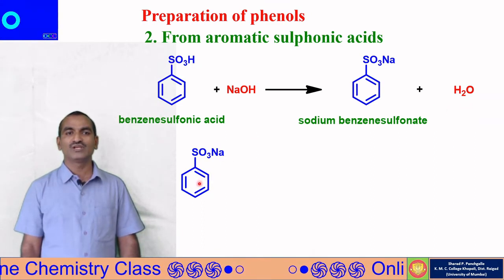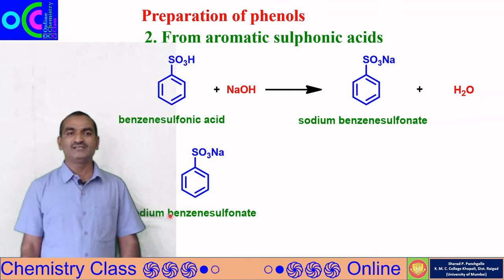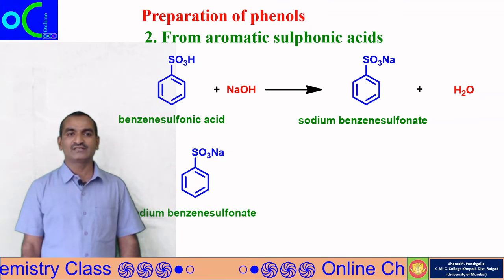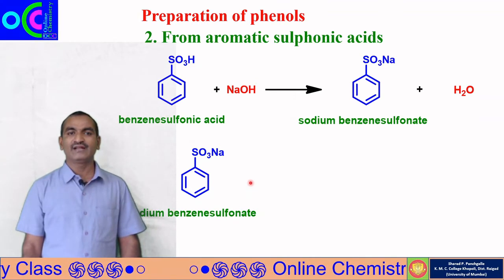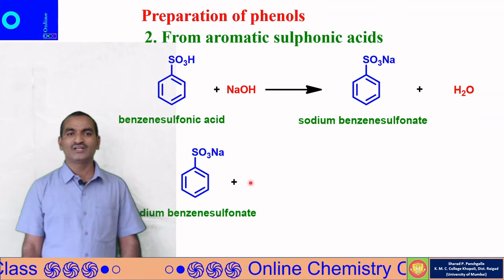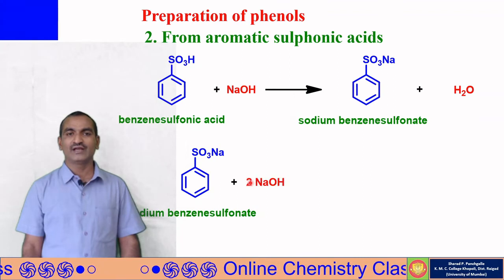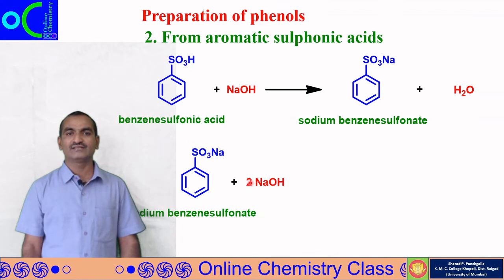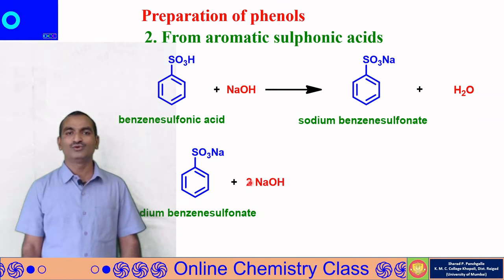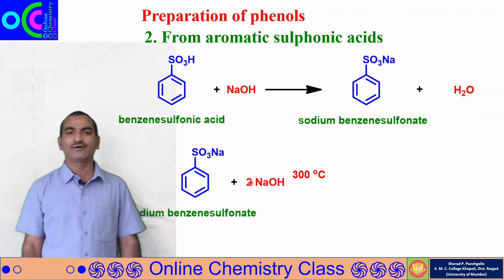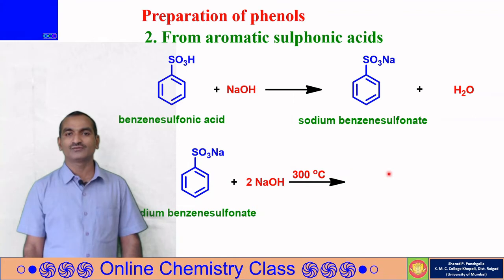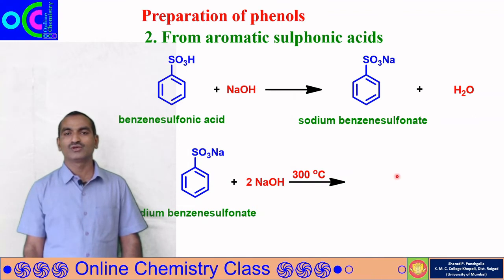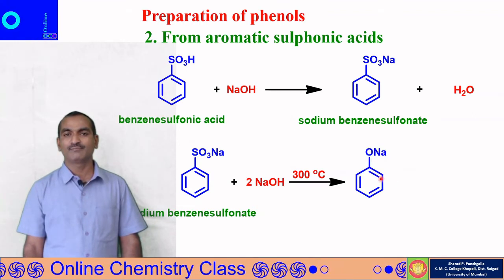Now this sodium salt of benzene sulfonic acid, that is nothing but sodium benzene sulfonate, when heated with solid sodium hydroxide at 300 degrees Celsius, undergoes fusion and there will be formation of sodium salt of phenol. So we will get sodium salt of phenol as the product.